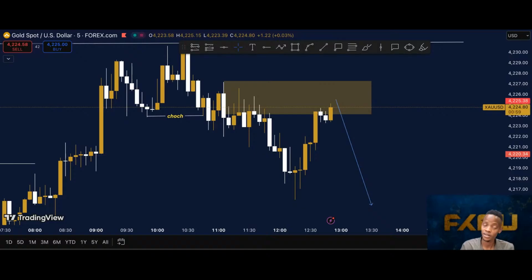How has the week been? Let me check my FX book. This week has been slow. I've really not been so engaged with trading. I've had like 3 trades this week. 2 wins, 1 loss, I guess so.